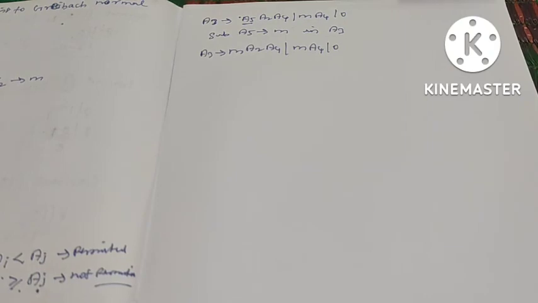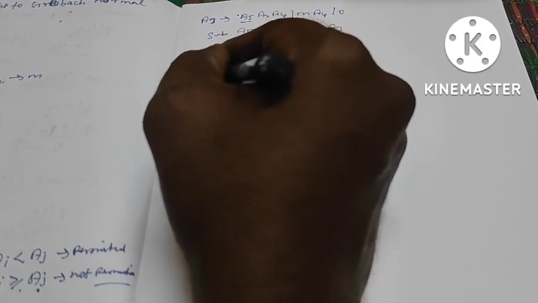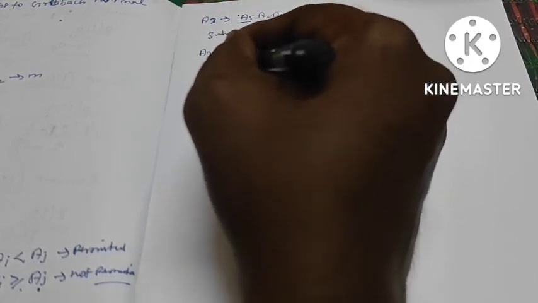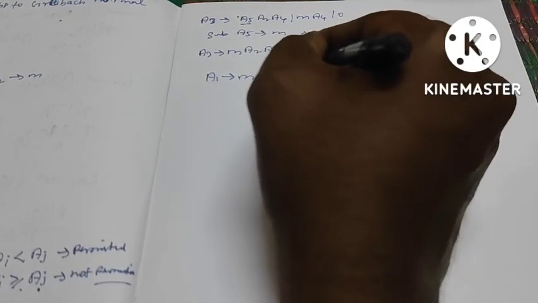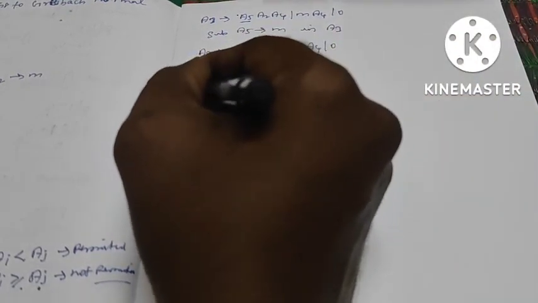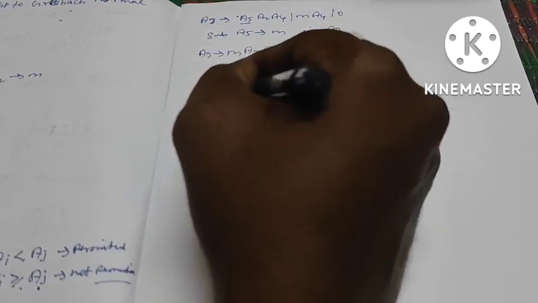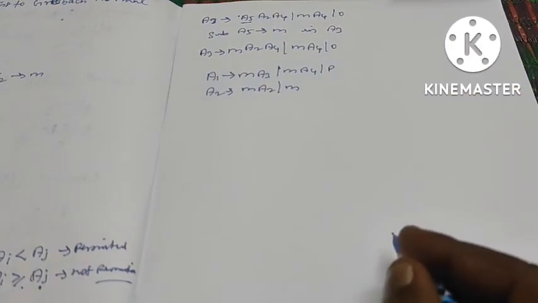Now we already have a correct list of productions, so we will rewrite all these productions together. First, A1 has already been converted as M A3 bar M A4 bar P. A2 has been converted as M A2 bar M. This is the second one.